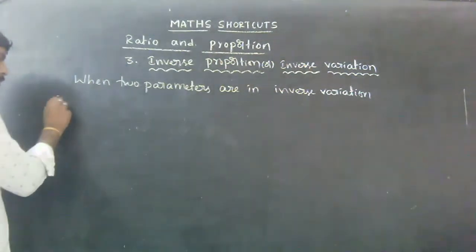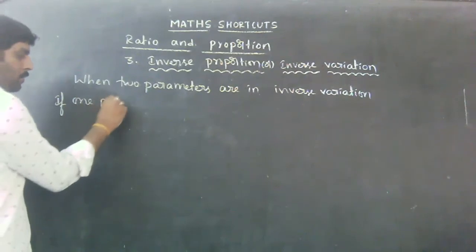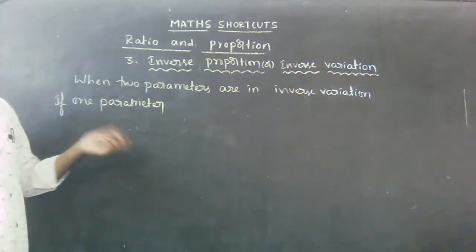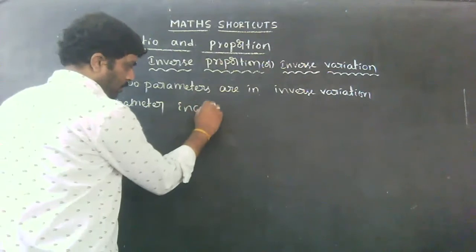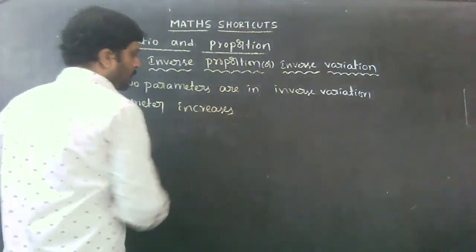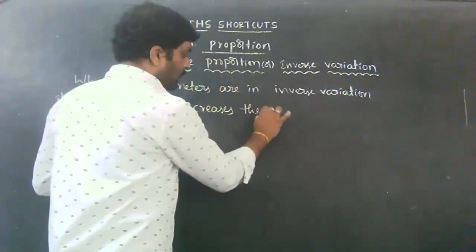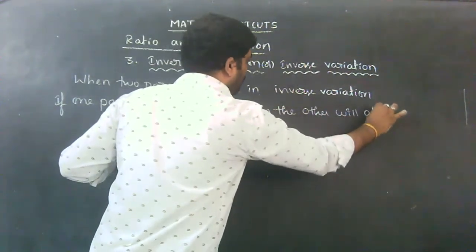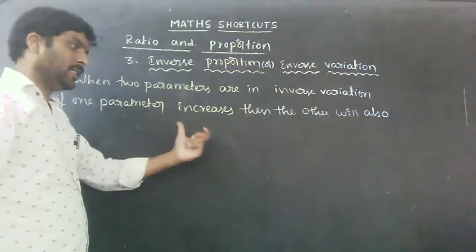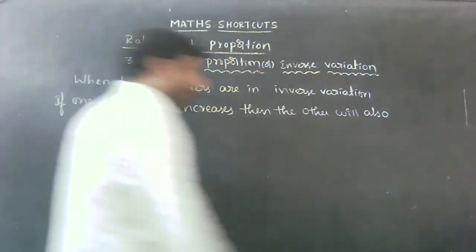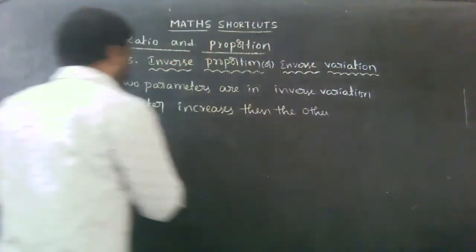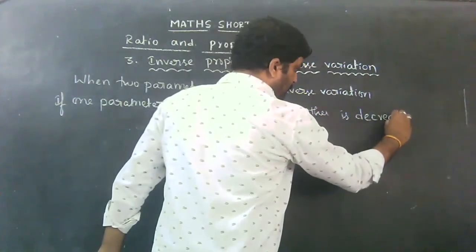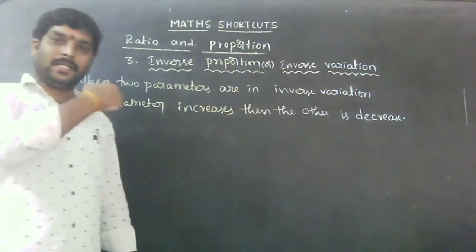Now if one parameter increases, then the other will decrease. If parameter one is increased, then the other one will be decreased. One is increase, other one is decrease.